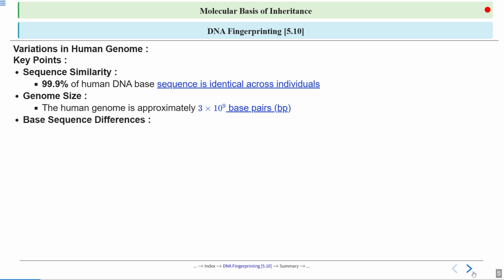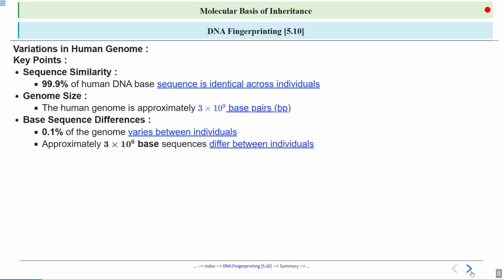Now if 99.9% of the human DNA base sequence is similar, let's calculate how much differs. 100 minus 99.9% is 0.1%. So 0.1% of the genome varies between individuals, and 0.1% of 3 into 10 to the power 9 base pairs comes to approximately 3 into 10 to the power 6 base pairs that differ between individuals.